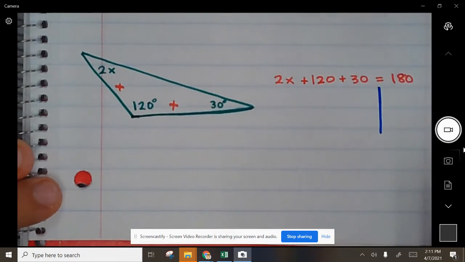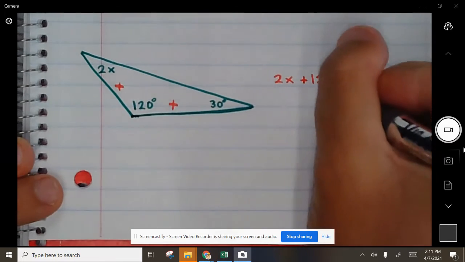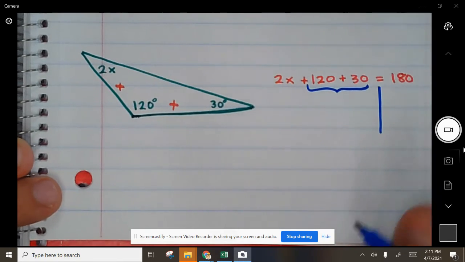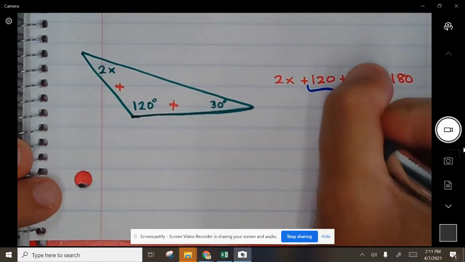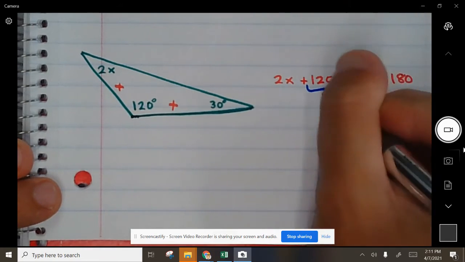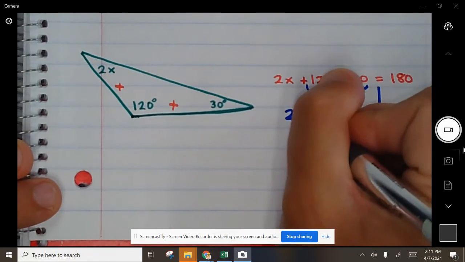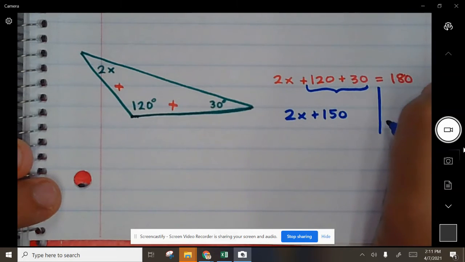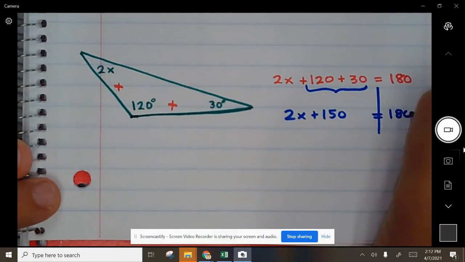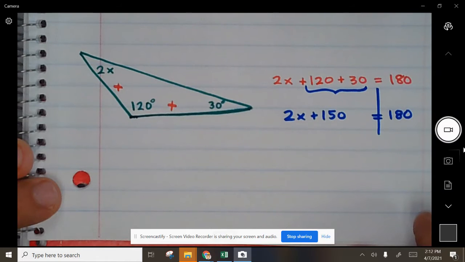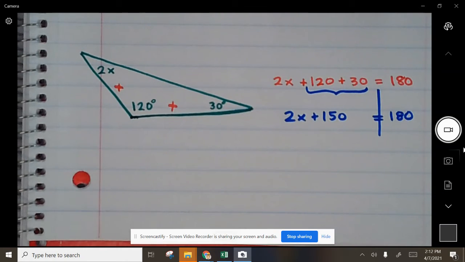Now, how are you going to solve this equation? Can we combine those like terms? First step, 120 plus 30 is 150. Then what do we do? What's the next equation step?